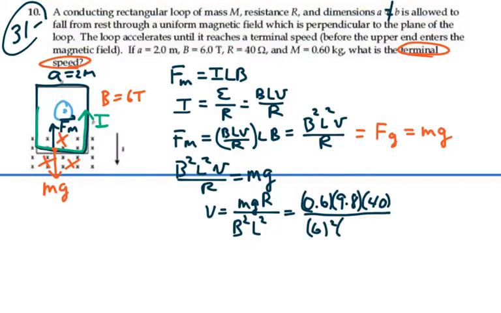L is the length of the conductor, that's the lead end going into this, and that's going to be equal to the distance a, which is 2 meters, squared. This is equal to 1.63 meters per second. So the terminal velocity when these two forces are equal and opposite will be 1.63 meters per second.